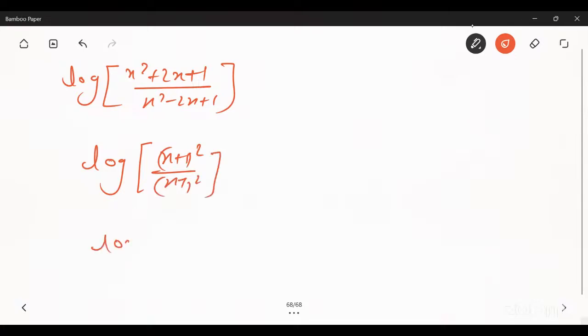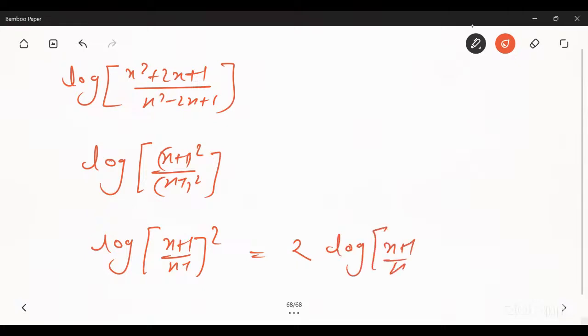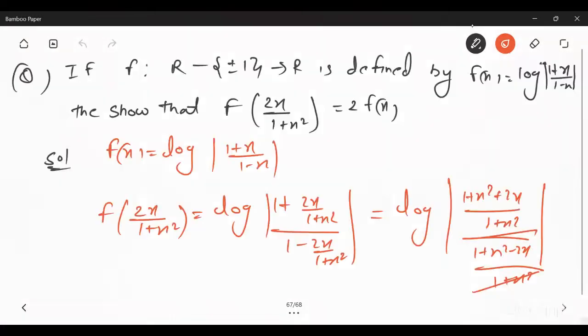So the value will become log of x plus 1 upon x minus 1 whole square, which is equal to 2 times log of x plus 1 upon x minus 1. So that is the value of f of x. So 2 times f of x is equal to f of 2x upon 1 plus x square. We have proved.